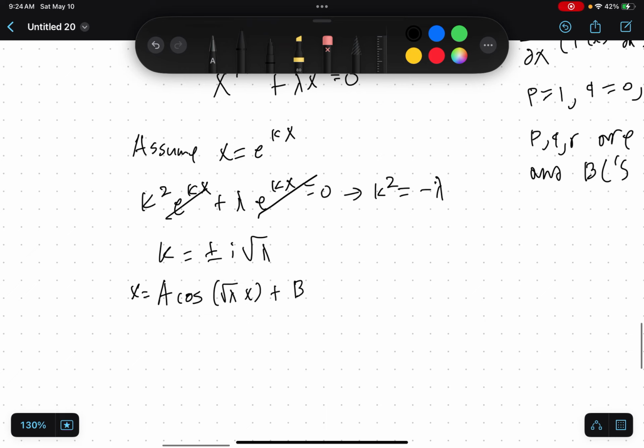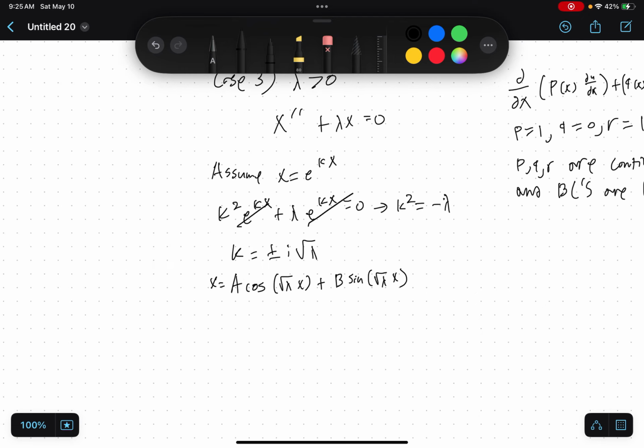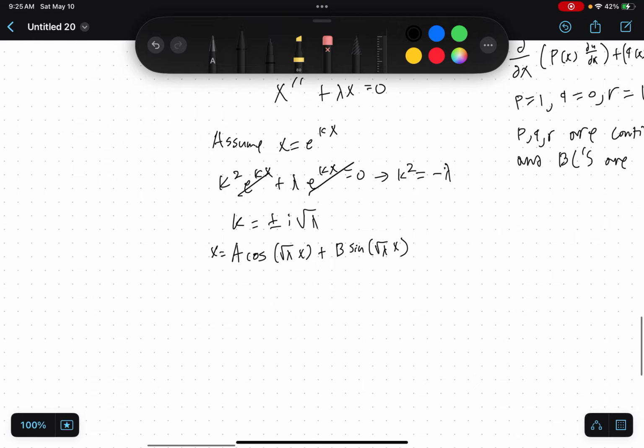Cool. So far, pretty straightforward. And then, since one of our boundary conditions has a derivative, we'll take the derivative.